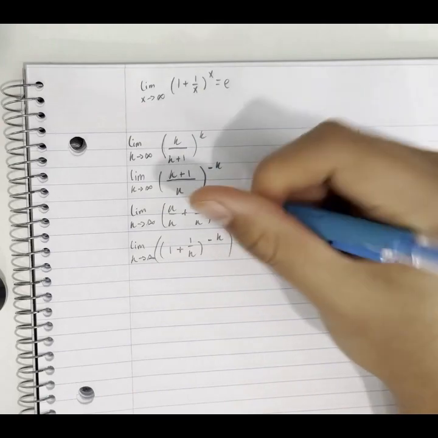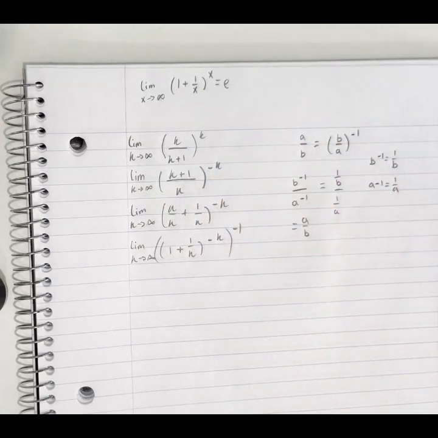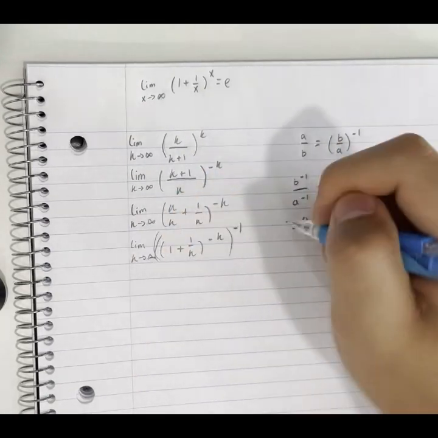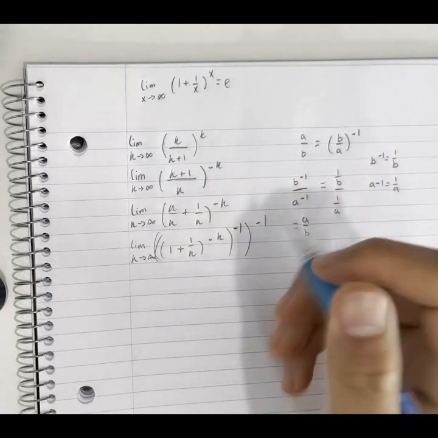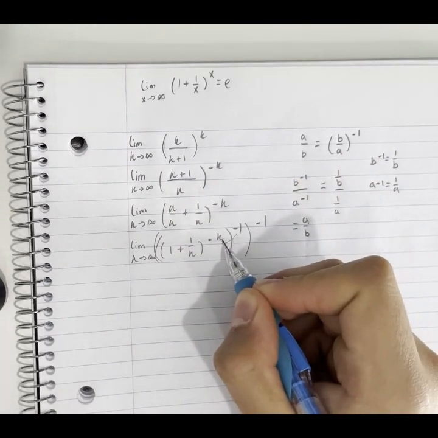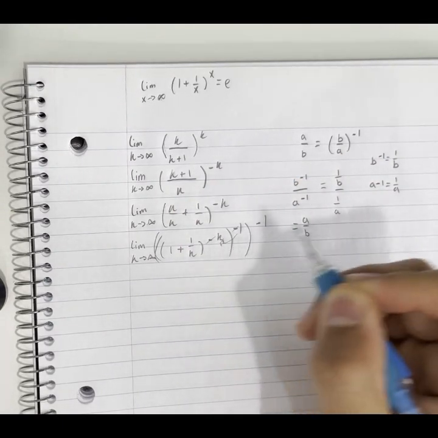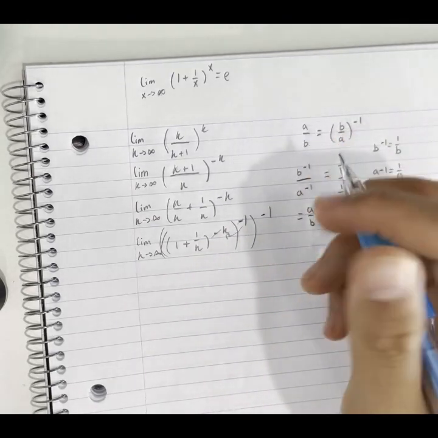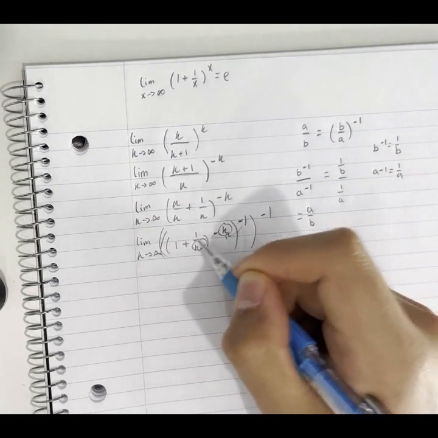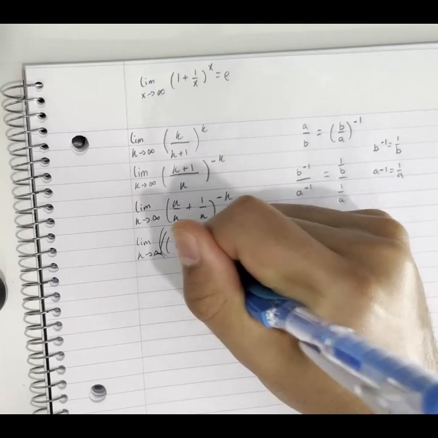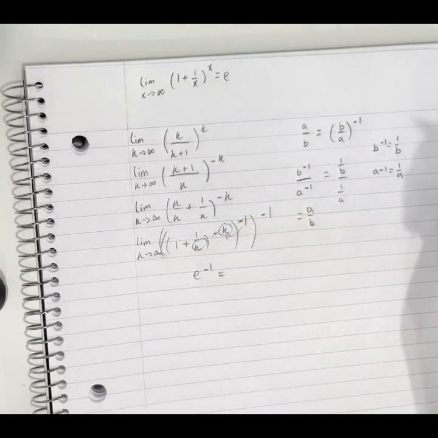I'll raise it to the power of negative 1, and then again, and these negatives cancel out. Now since these numbers are the same, k and k, this ends up being e to the negative 1, and that equals 1 over e.